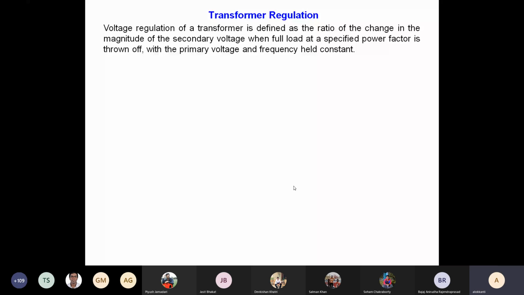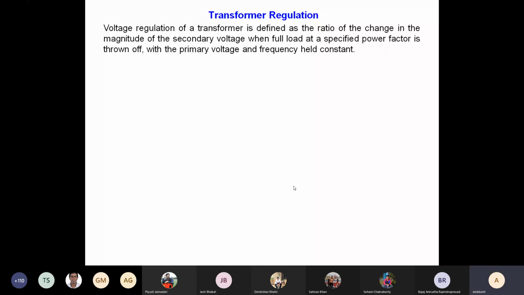There was a secondary voltage V2, and it was supplying full load at a specific power factor. Now suddenly, if that load is removed, then the output of the transformer will basically be the no load voltage. It will be the open circuit voltage.